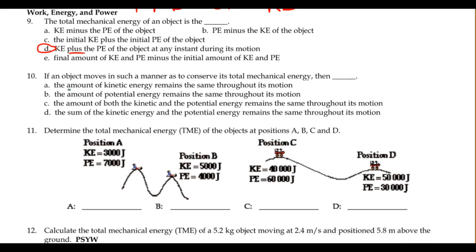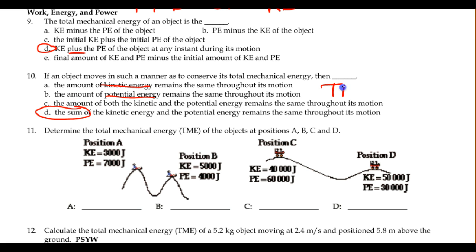Now, if the object moves in such a manner that we're going to conserve the total mechanical energy, then it's not that the individual types of energies stay the same. So not the kinetic energy stays the same, not the potential energy stays the same, and not the amount of the kinetic and the potential. It's the sum of the two that stays the same.